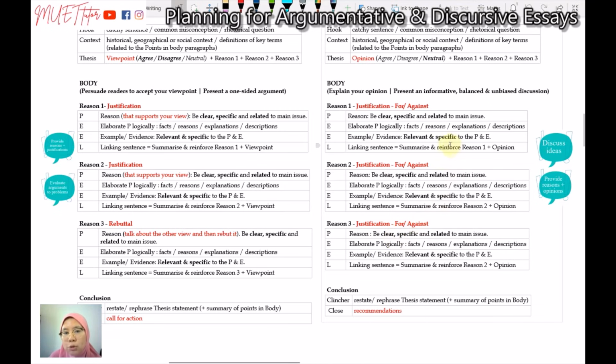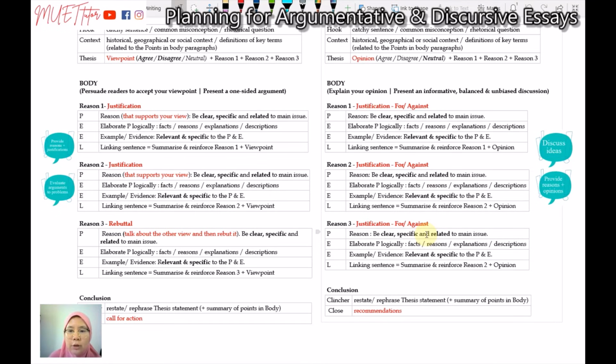In other words, 2 paragraphs to justify for the question statement, and 1 paragraph to justify against the question statement, or 2 against and 1 for, depending on which type of ideas you have at that time.